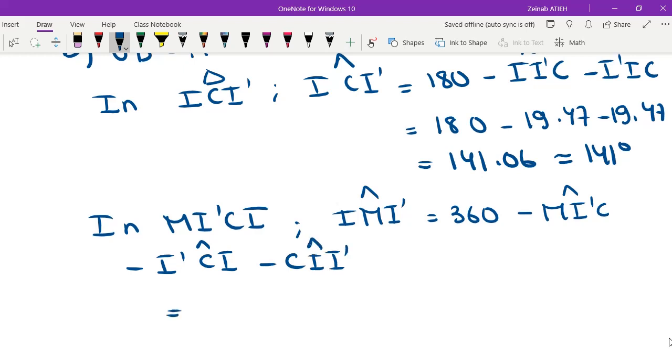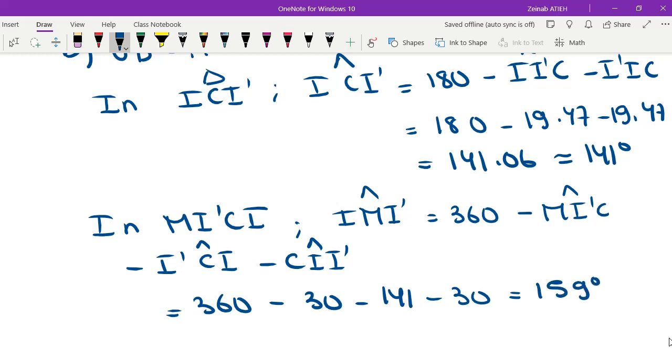It's equal to 360 minus 30 minus 141, the angle ICI prime we just found, minus 30. This will give us 159 degrees. So we found IMI prime.